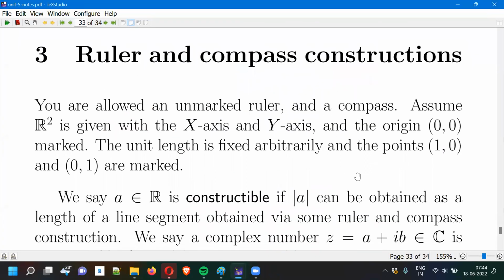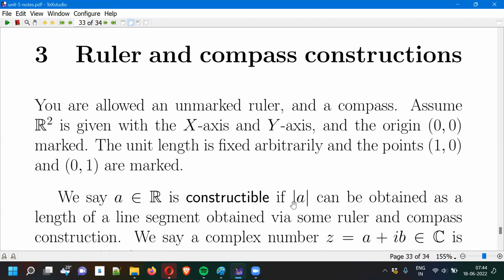Let's come here. So what do we mean by constructibility? We say a real number a is constructible if the absolute value mod a is available as the length of some line segment. That is the idea. So there is no separate meaning to constructing a negative number. We say a negative number is constructible if the corresponding positive number is constructible.